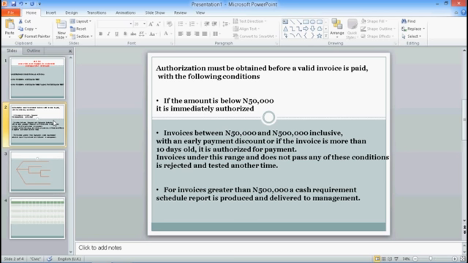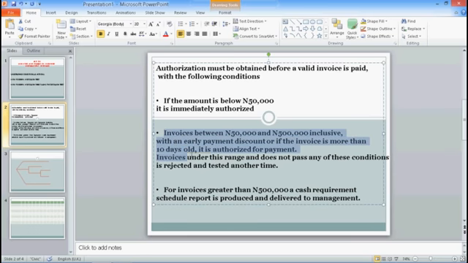Part of the condition says that, first, if the amount on the invoice is below 50,000 naira, it is immediately authorized. The second condition says that invoices between 50,000 and 500,000 inclusive with an early payment discount, or if the invoice is more than 10 days old, it is authorized for payment.